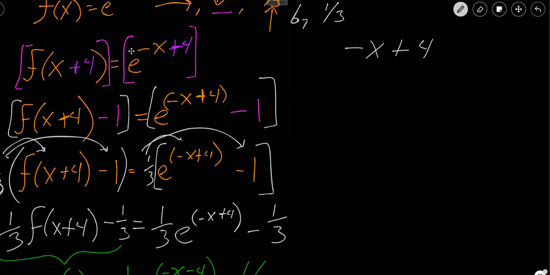Another way to think about it is something like this. The negative sign on the outside changes the sign on the 4 from positive to negative. So again, I apologize. That gets very counterintuitive when we think about these transformations of functions.